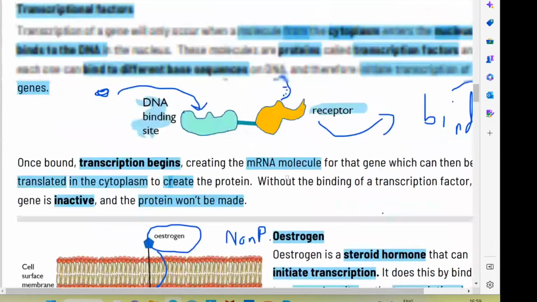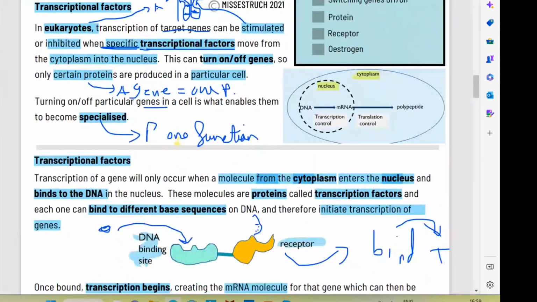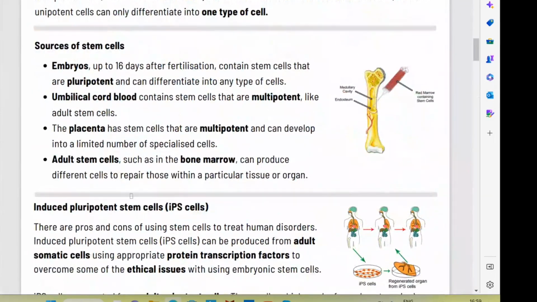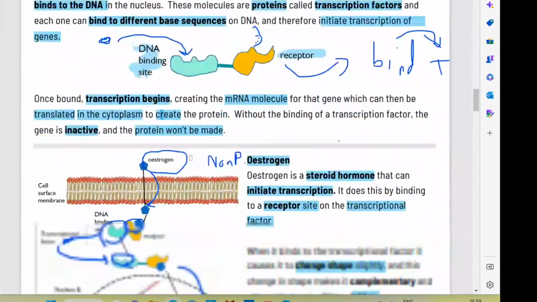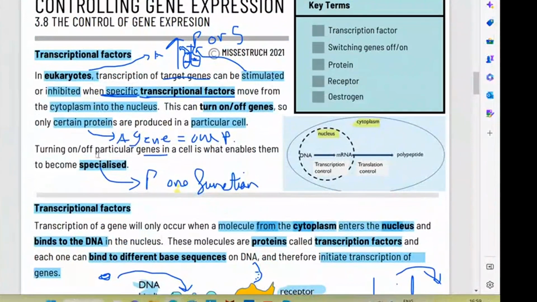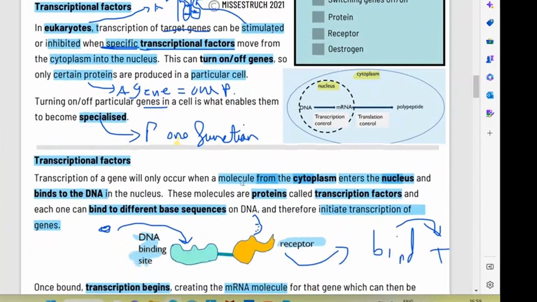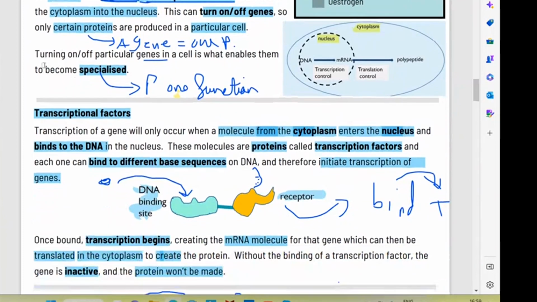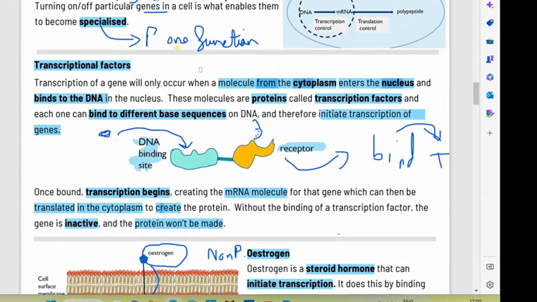Okay, so to summarize what I said, we have transcriptional factors. They can stimulate or inhibit transcription, and those can turn genes on or off. Turning specific genes on and off is basically making specific proteins, which enables cells to become specialized because it's particular to one function.